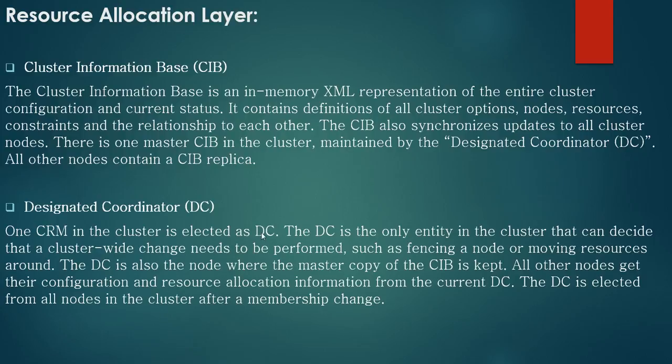And there are quite a few roles which are done by the DC. The DC is the only entity in the cluster that can decide that a cluster-wide change needs to be performed, such as fencing a node or moving a resource around. The DC is also the node where the master copy of the CIB is kept.